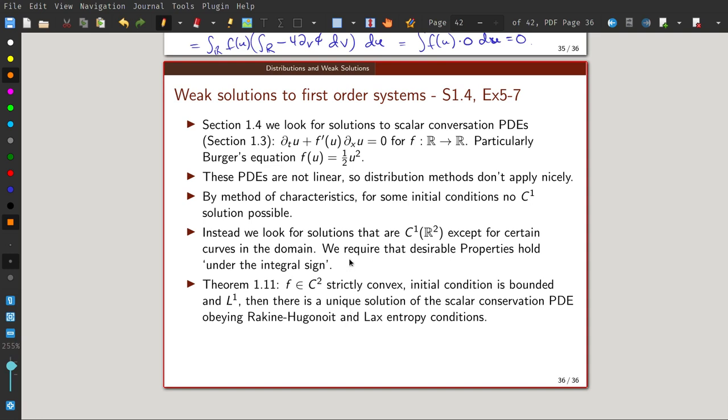What was notable, and what connects this to previous material, is that the properties required to hold were integral properties. In the case of the Rankine-Hugoniot condition, this was some conservation of mass. The integral from one side of the discontinuity to the other side had to be not changing in time, for instance. The total mass had to be not changing in time. Of course, it's a bit annoying to work with integral conditions, so these were then reduced to algebraic conditions that were easy to check.